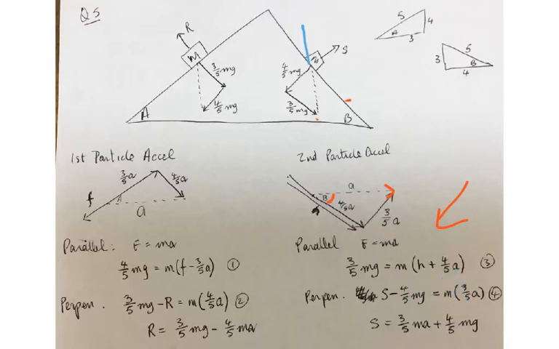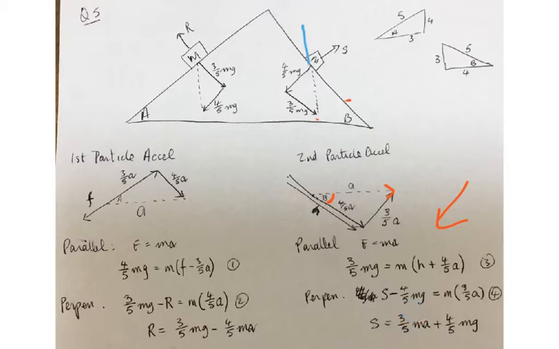And perpendicular, we're going to have 4/5 mg minus S is equal to the mass, and the acceleration in the perpendicular direction is 3/5 a. So S minus 4/5 mg is equal to mass times the acceleration in the perpendicular direction, which is 3/5 a. Rewriting that in terms of S, S is equal to 3/5 ma plus 4/5 mg.